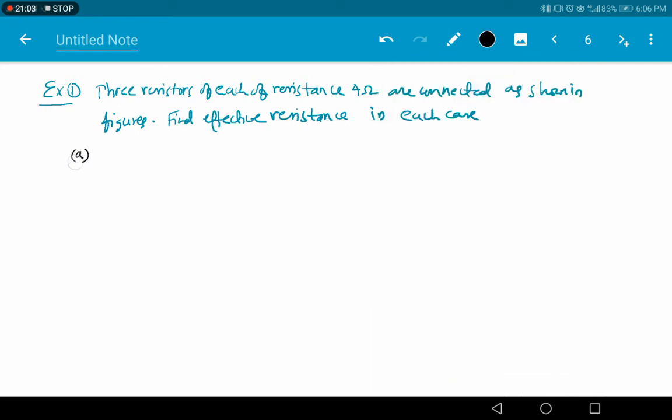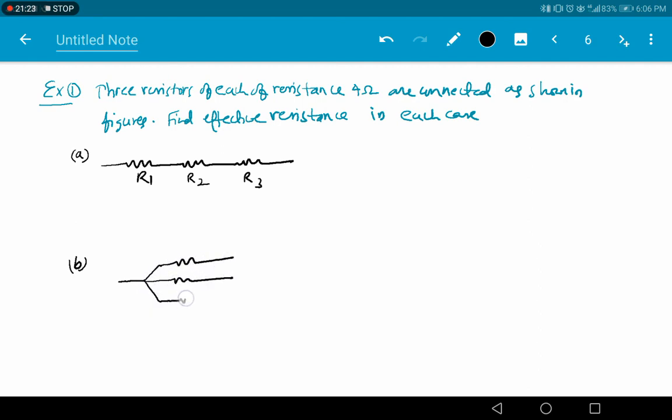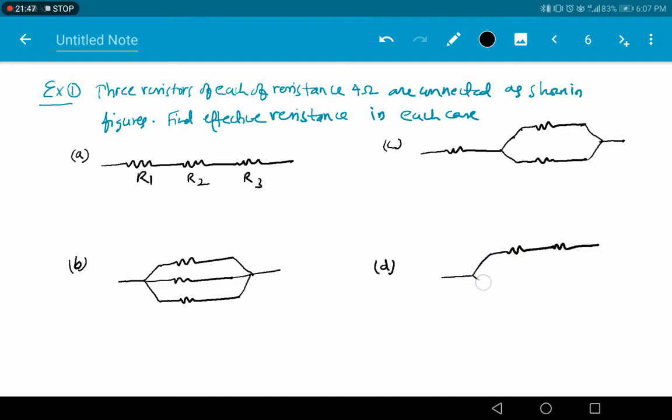In the first figure they have given this arrangement of resistors.